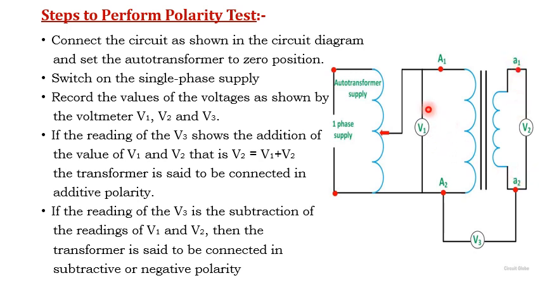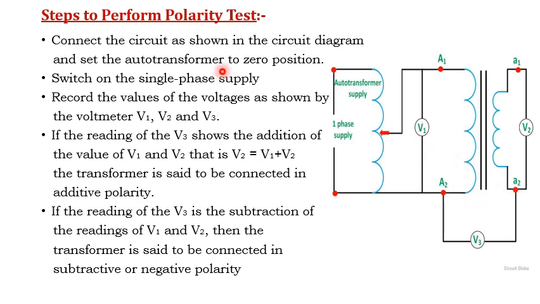The primary winding is connected to an auto transformer to feed single phase supply, and across it is connected voltmeter V1. The secondary winding is connected to voltmeter V2, and there is one more voltmeter V3 connected between a terminal of the primary winding and a terminal of the secondary winding.